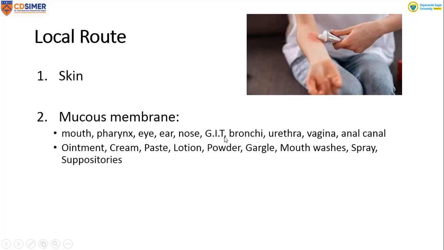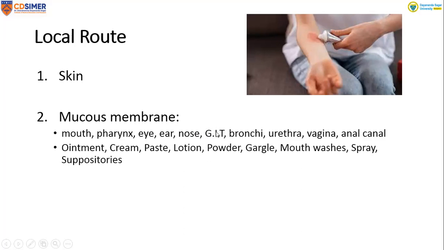And then GIT. Again, how can GIT be used as a local route? See here, in GIT, even though it is one of the most important systems used for systemic absorption, we can also use GIT for local route of administration, especially for important diseases like ulcerative colitis and also some inflammatory bowel diseases.